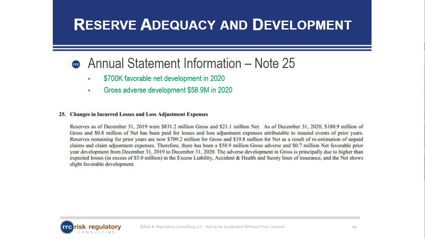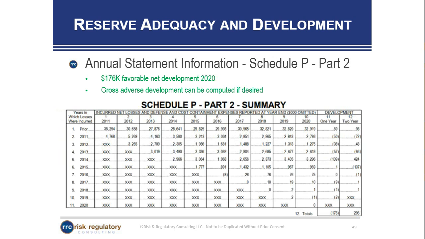So again, my go-to note for any reserve analysis is Note 25, which in this case points out that there was $700,000 of favorable net reserves and highlights again that $58.9 million of gross adverse development. So it points out that the company is not terribly impacted by reserve development on a net basis, but on a gross basis, it's fairly significant.